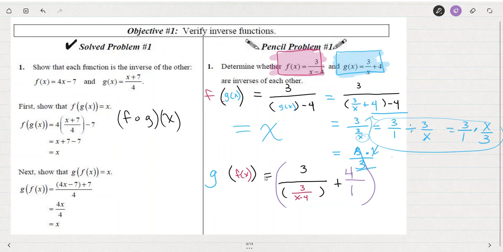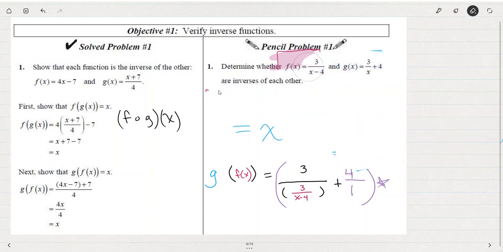But first, you want to understand this first step. Then, after that, we're going to get rid of that complex fraction, in other words, get it so that we don't have a fraction within a fraction. One way to do that is to get the least common denominator, x minus 4, and to combine these.